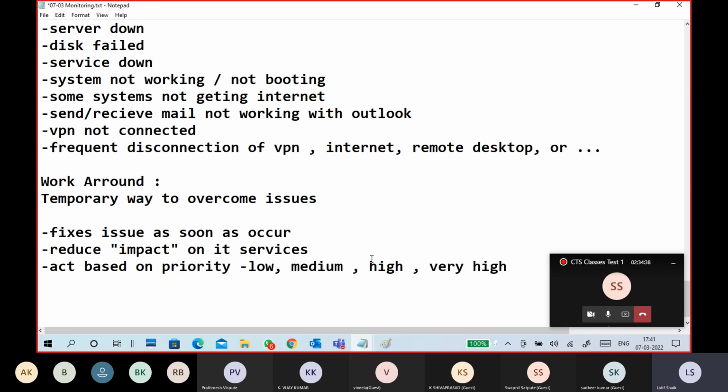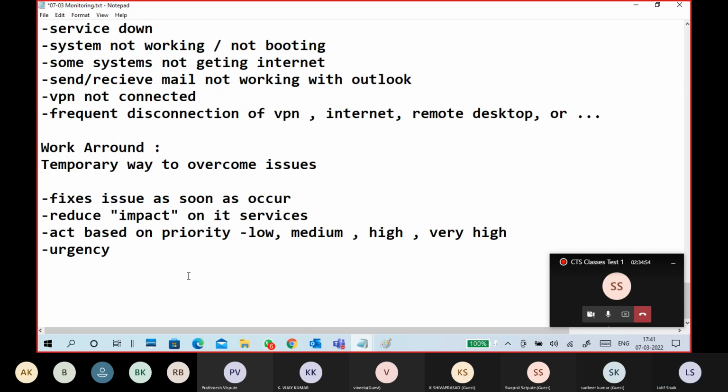Even the impact is like that: low impact, high impact, very high impact. Priorities, urgency, impact, priority, urgency. These are very important words in issue solving and problem handling, right?